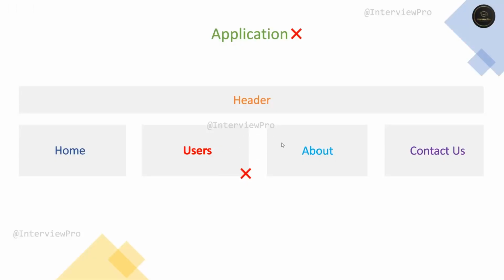Let's recap what we did so far. We had an application which has a header component and it has links to four components: home, users, about, and contact us. In users, when there are no users, it would throw an error which led to the entire application crashing. Then we wrapped all these components within error boundary.